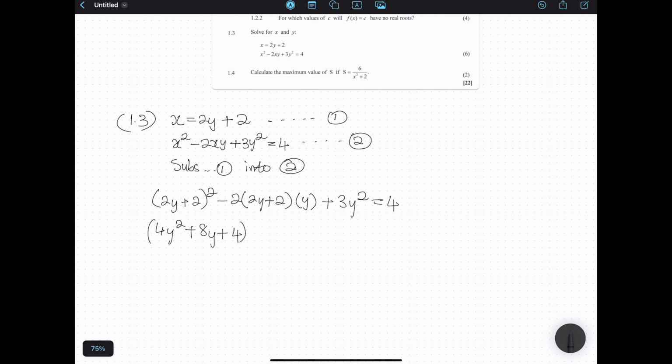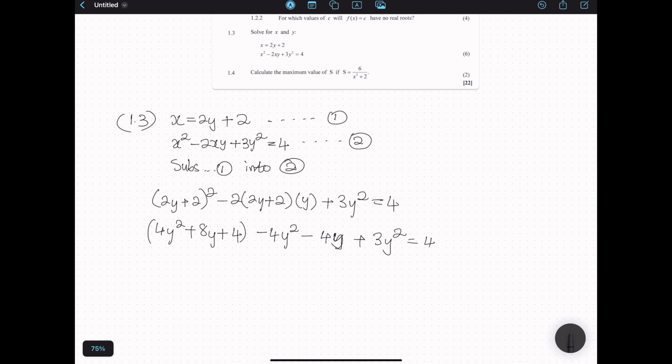Then we have simplifying this, you can multiply by this first, then we're going to have minus 4y squared. Then here you're going to have minus 4y, right? Minus 4y. Then plus what we are given here, 3y squared is equals to 4.